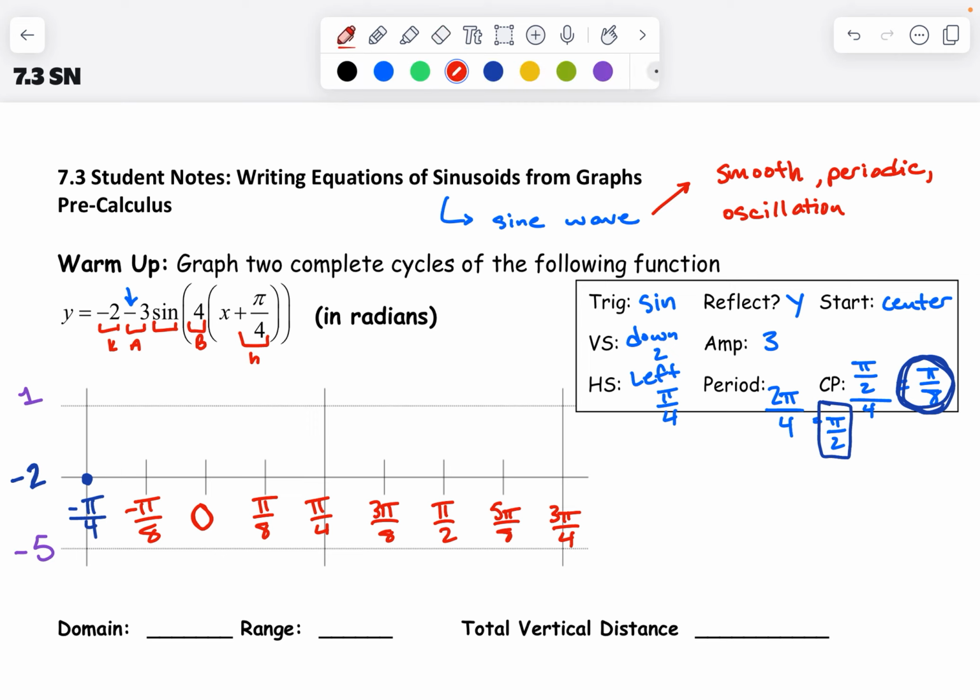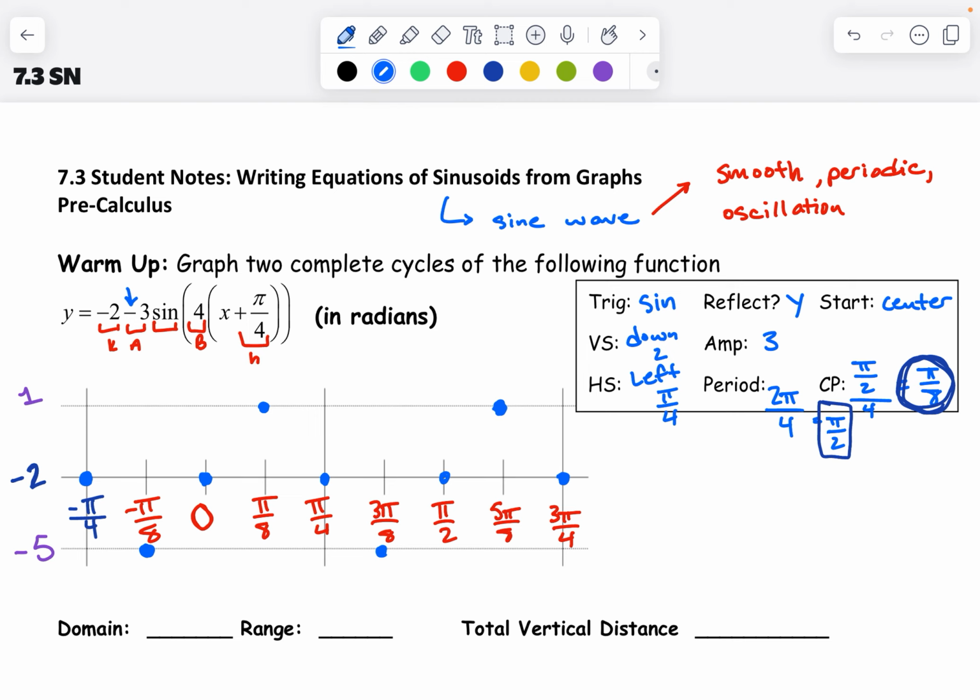Now, this graph has been reflected, so it's not only going to start in the center, it's going to start by going down, then middle, then up, then middle, then down, then middle, then up, then middle.